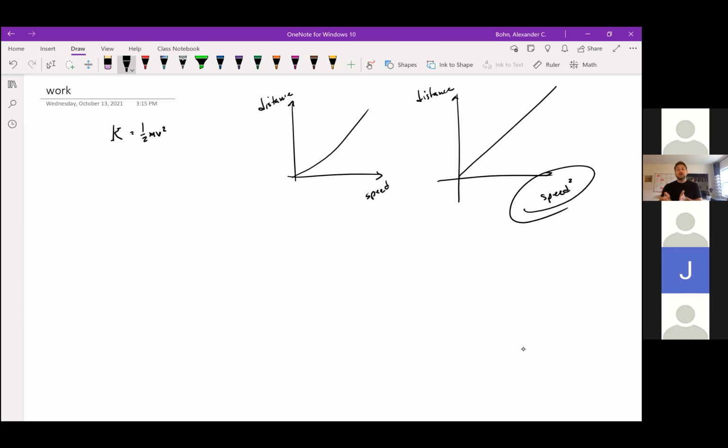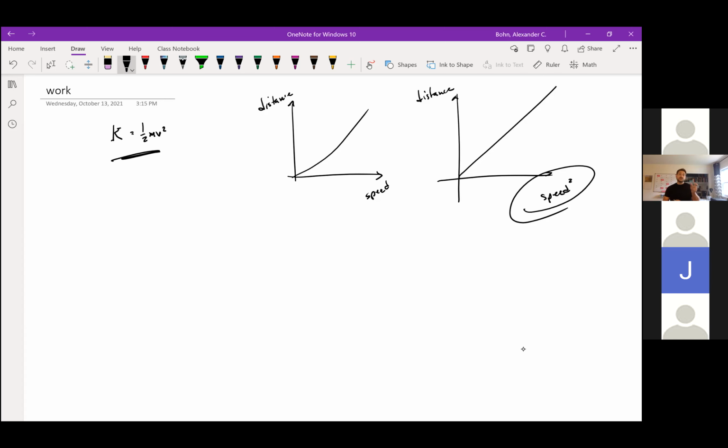Might also have something to do with a friction force applied for some amount of time, the time that it takes to come to a stop. But we do have a relationship between the square speed, which is to say, just is directly proportional to the kinetic energy.